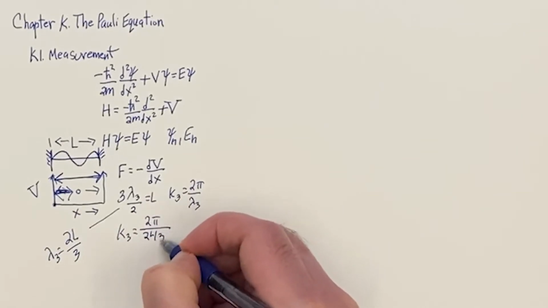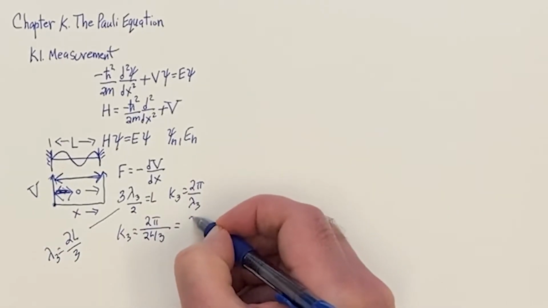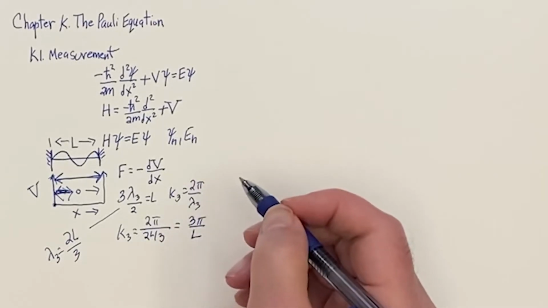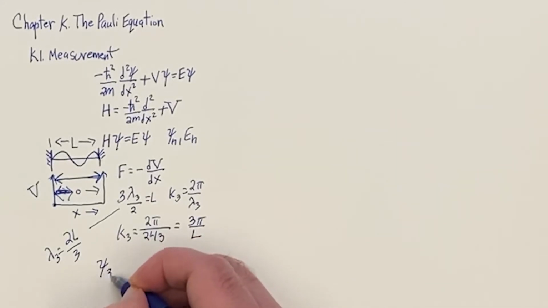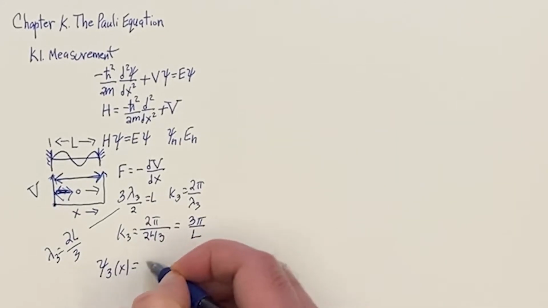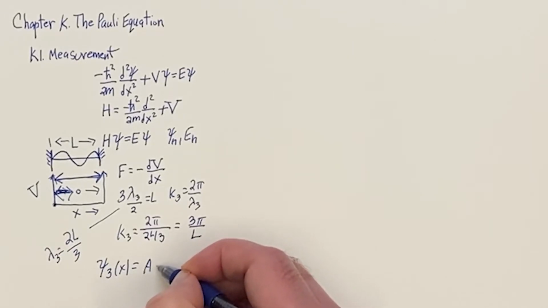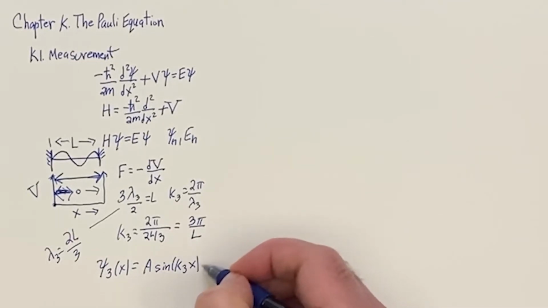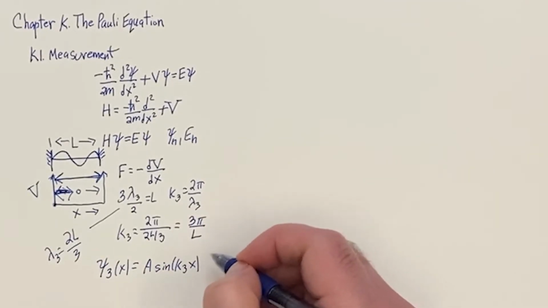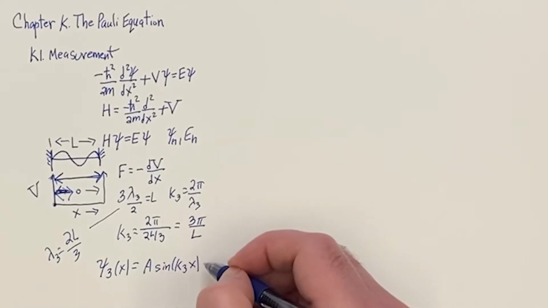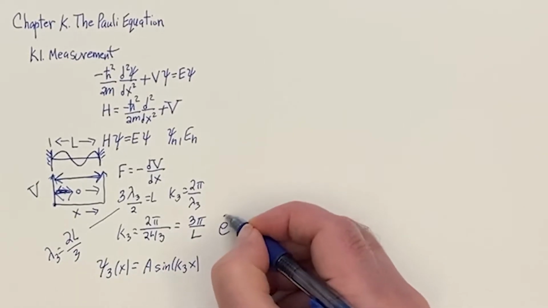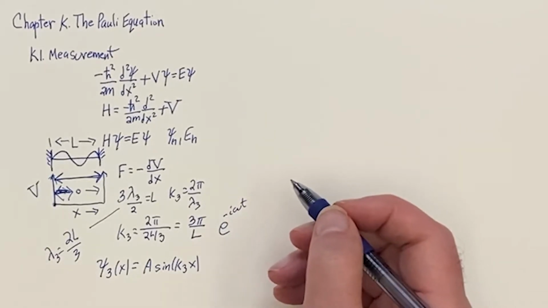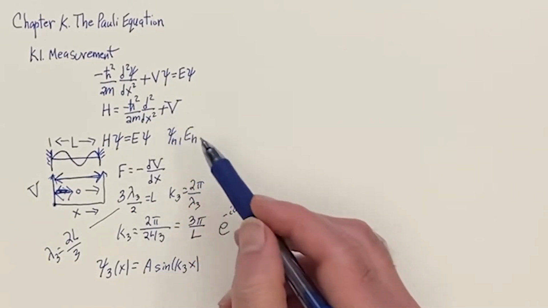So 2L over 3, the 3 is going to come upstairs: 3 pi, the 2's cancel, over L. And our function here is going to be some amplitude times the sine of K3 x. There was a cosine term there, which, since we're doing a time independent case, we don't worry about. That would be an e to the minus i omega t kind of thing. We don't need to worry about that. We just have the spatial one here.